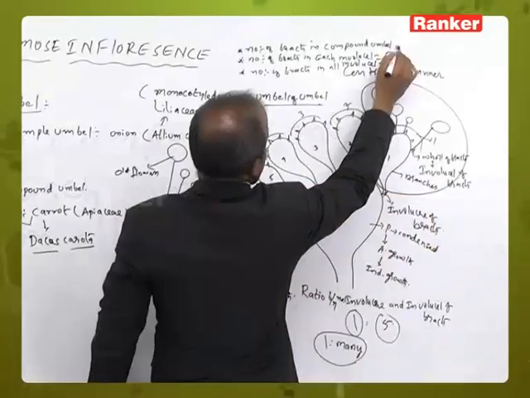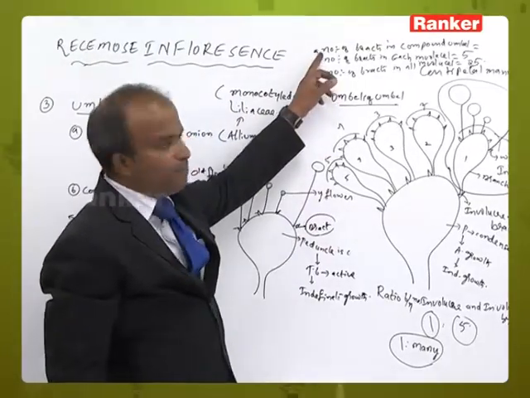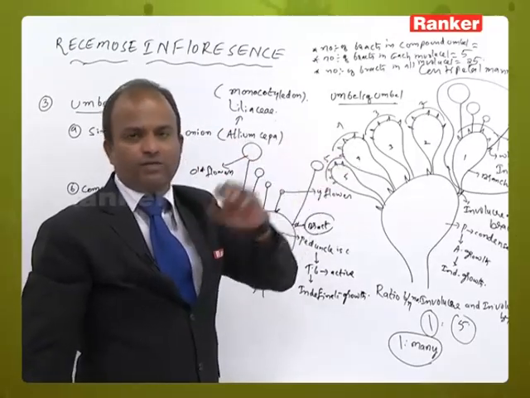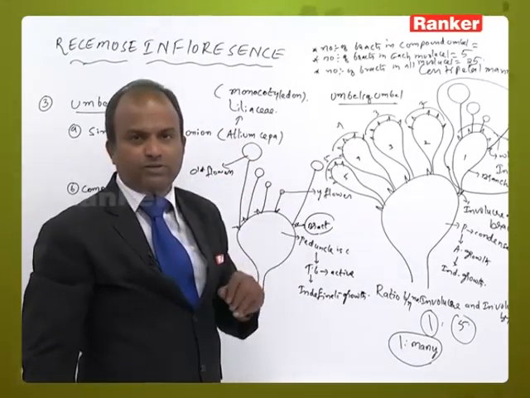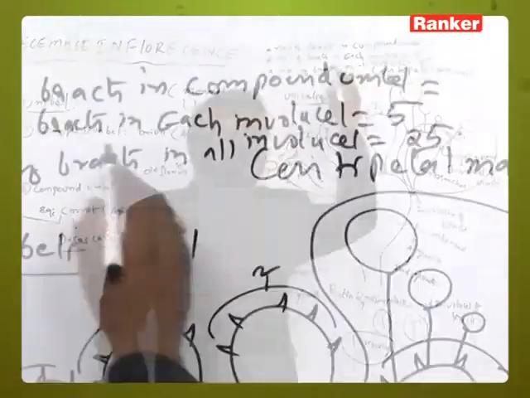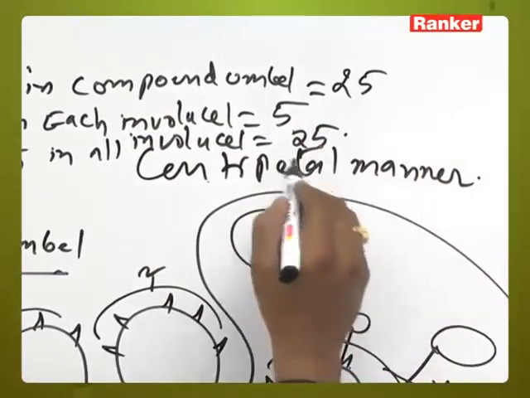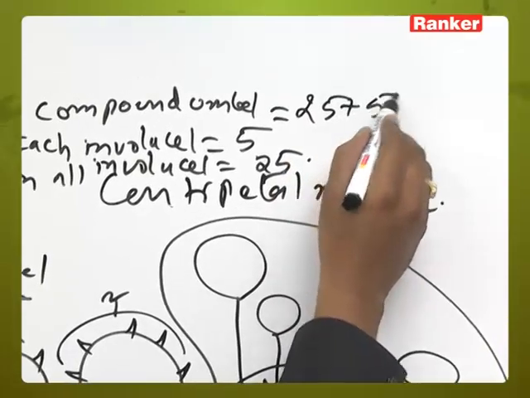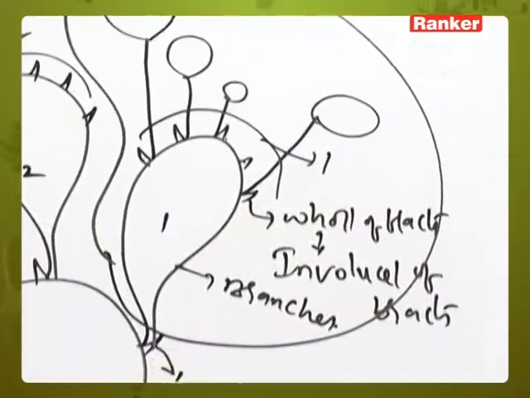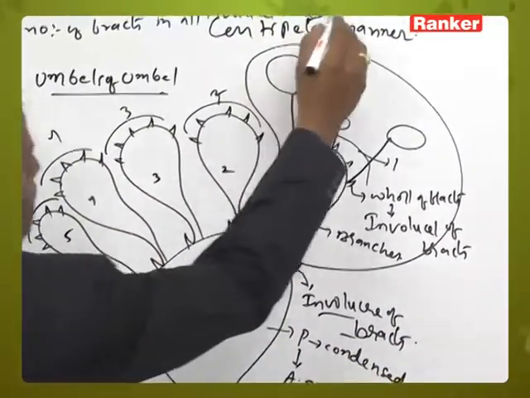That means it is equal to 25 bracts in involucres plus 5 bracts in the involucre.